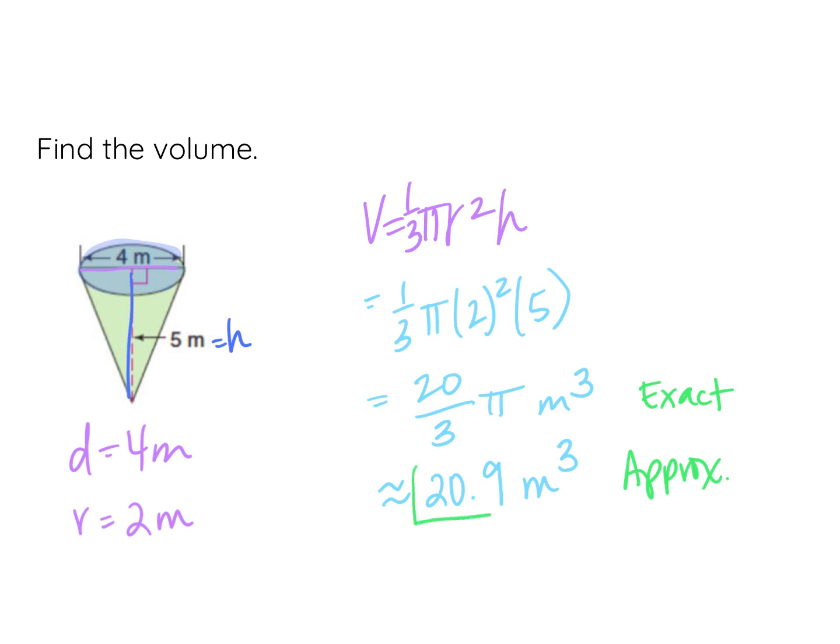So if it says round to the nearest tenth or hundredth, we're going to give the approximation. If it says leave answer in terms of pi, we're going to give our exact answer. Both are correct. And then last thing to remember with these, I was using a pi button on my calculator. If you are using 3.14, your answer may be a little bit off. But that's it for volume of pyramids and cones.